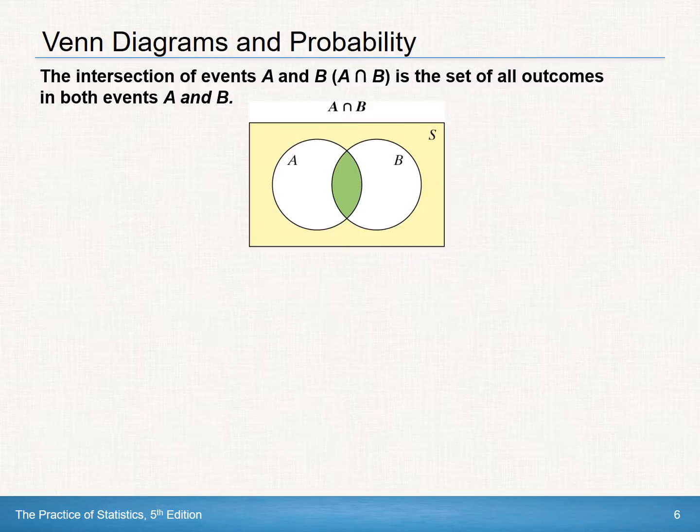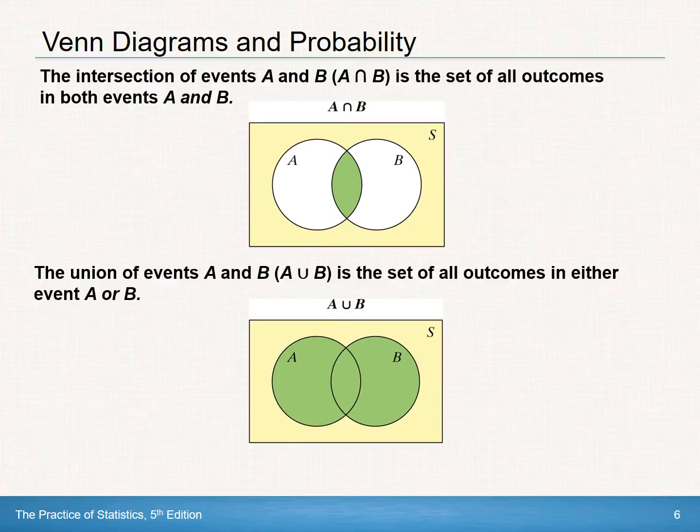The intersection of events A and B, and we use an upside down U for that, is the set of all outcomes that are both in event A and B. A union of events, A union B, is the set of all outcomes in either event A or B. So union is actually or.